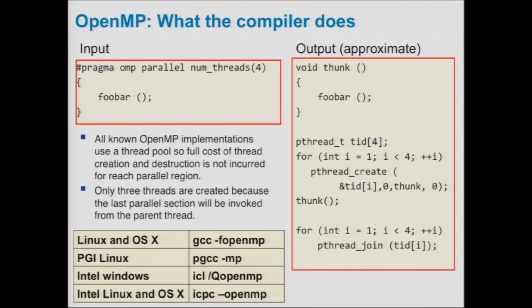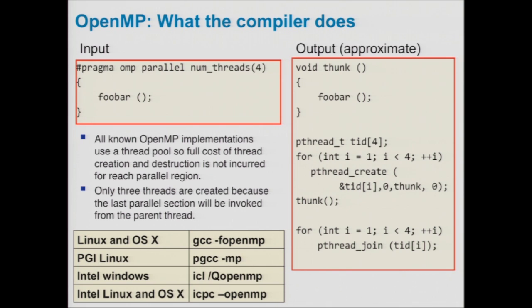Okay, so what does the compiler do when it encounters this? Well, it's actually going to extract the code in the structured block and put it off in its own function, just like you were doing with PThreads. And it's going to create a number of threads.